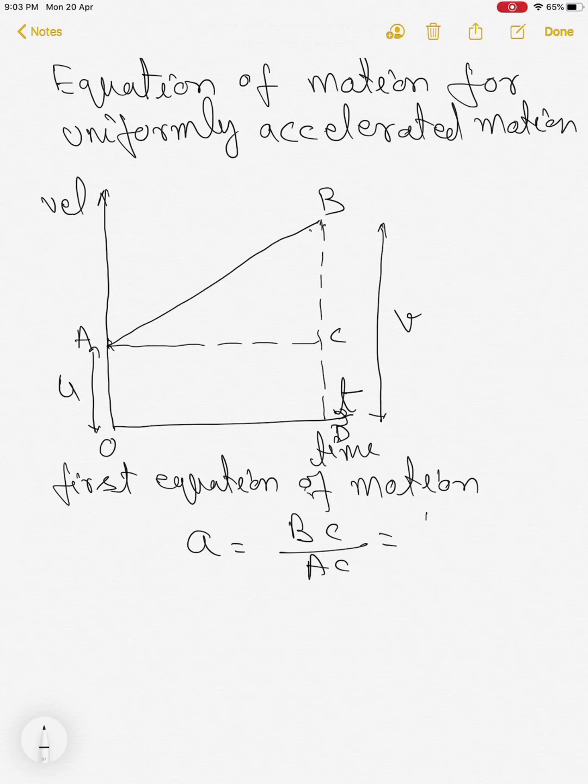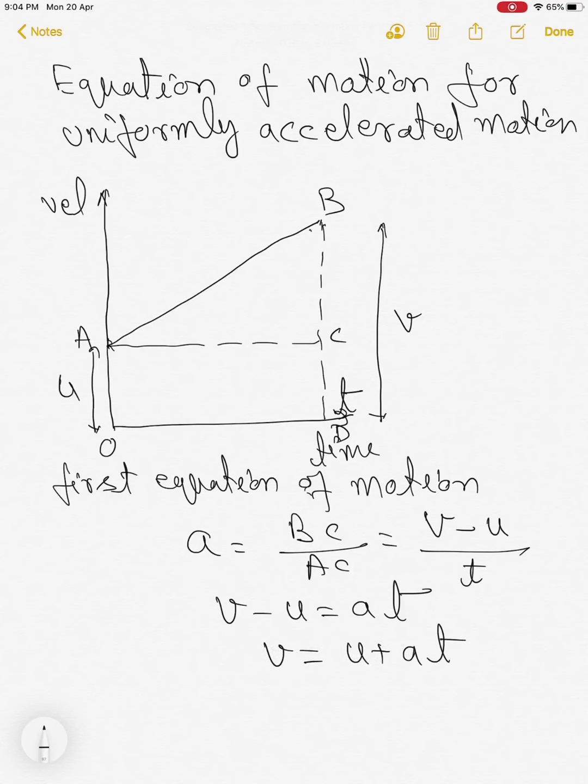BC will be BD minus CD, and BD is v and CD is u. So, BC will be v minus u, and AC is on the time axis, that shows time. So, v minus u is equal to at. So, v is equal to u plus at.